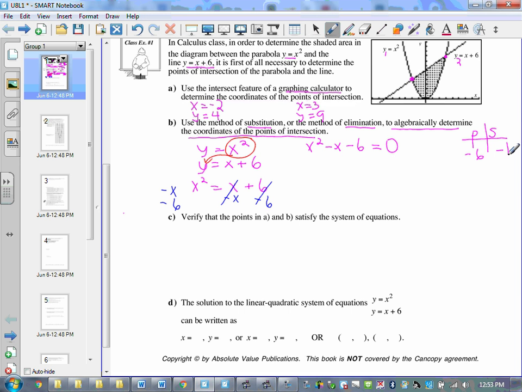So we want factors of -6 that add up to -1. -3 and 2. Those would multiply to -6 and they would add up to -1. Perfect. So what do we do with those numbers?